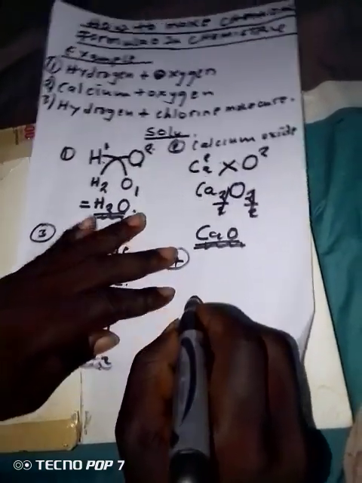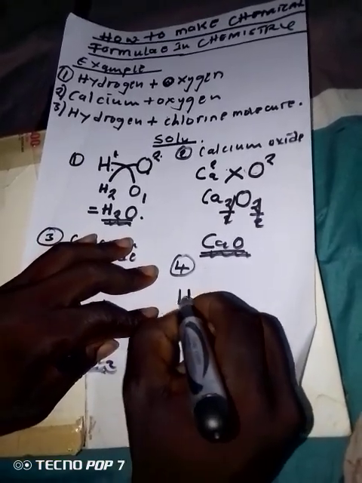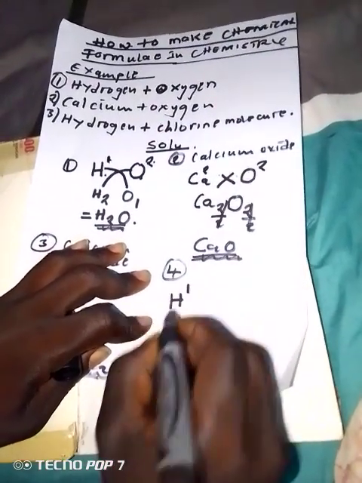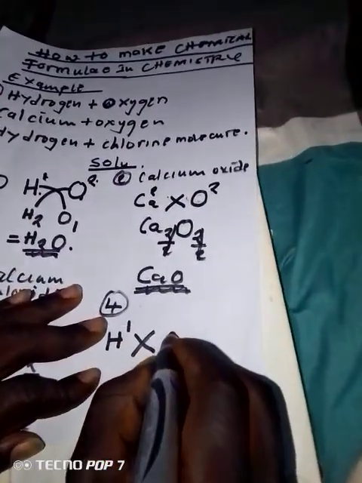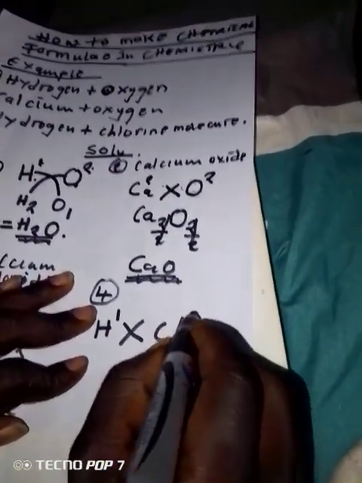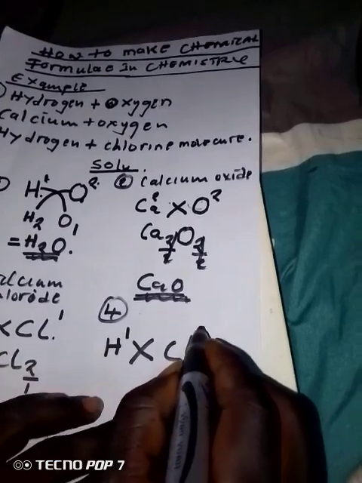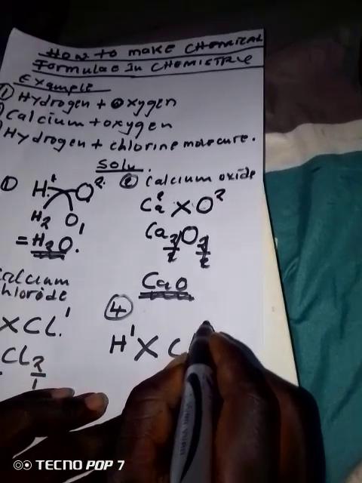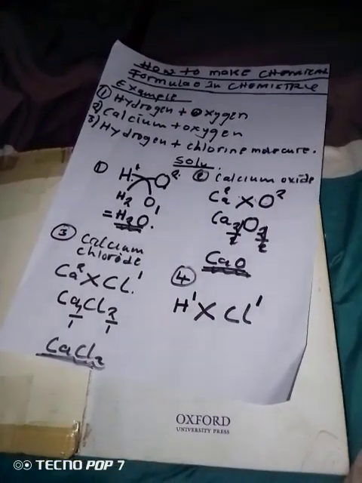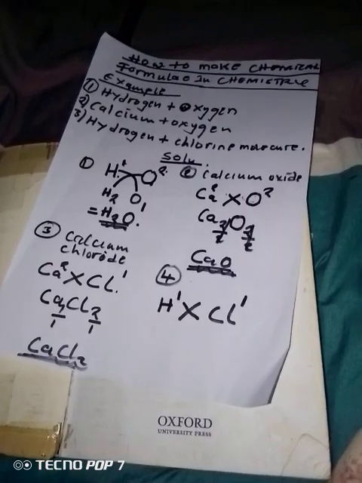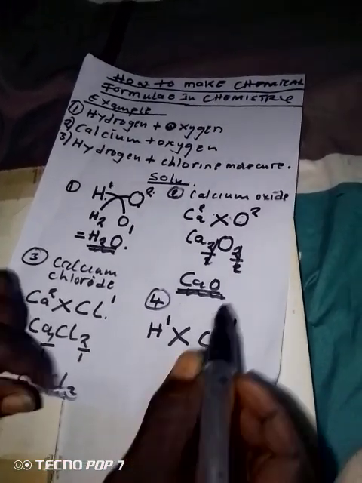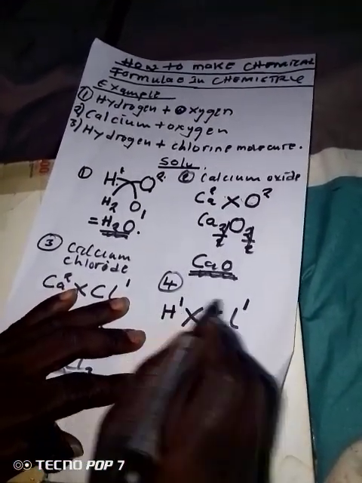Hydrogen has a valence of 1, and chlorine also has a valence of 1. We swap the numbers.